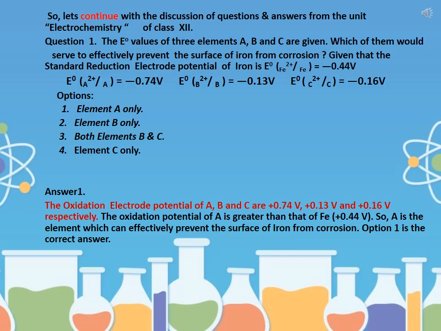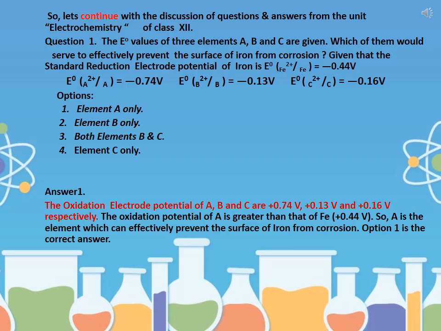Now, if you look at the standard reduction electrode potential values, all are negative. What does it mean? The negative value of standard reduction electrode potentials indicates that the reduction reaction at these electrodes is not spontaneous. Rather, their tendency is to undergo oxidation.